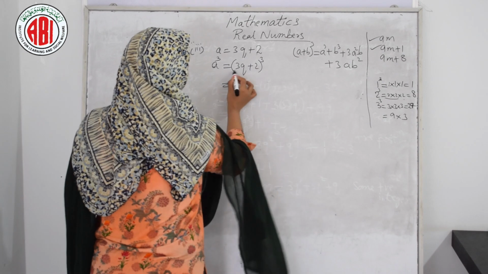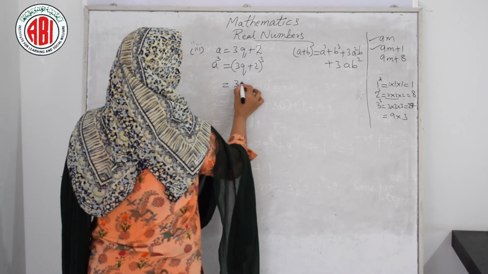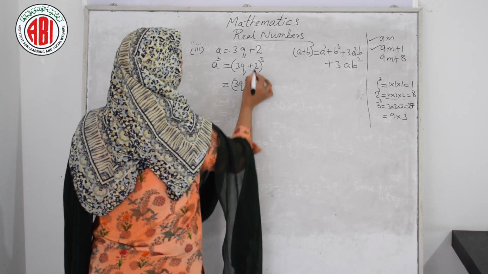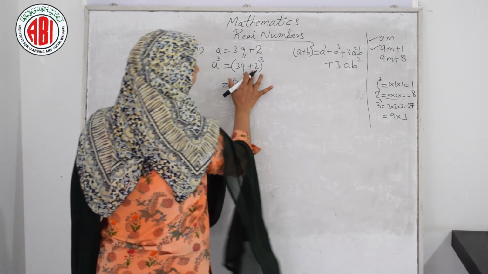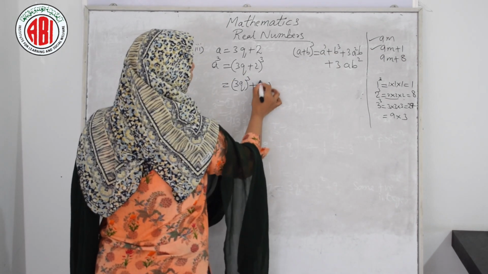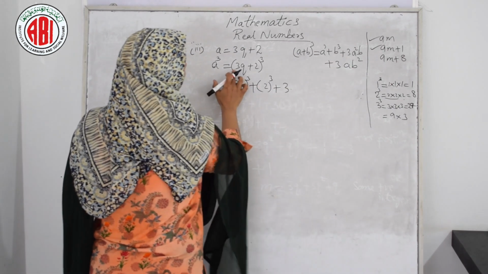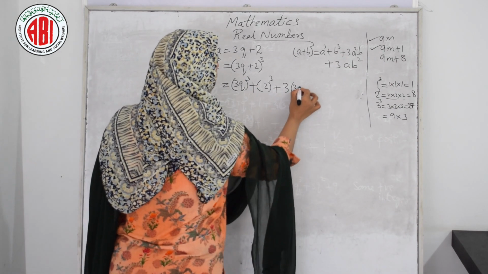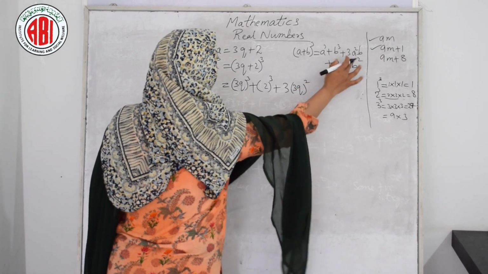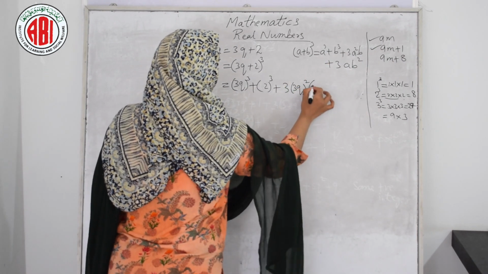Now a is nothing but 3q, so (3q) whole cube plus, in the place of b we have 2, so 2 whole cube plus 3 into a, in the place of a we have 3q, square, into b, in the place of b we have 2.